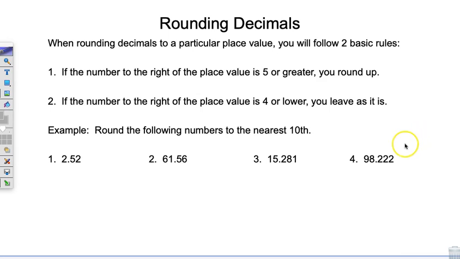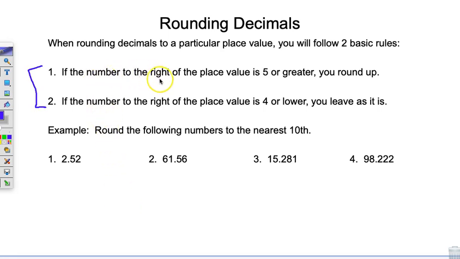Okay, so I have quite a few examples here, but let's take a look at these two very basic rules right here. Those rules are what we need to make sure that we follow in order to round correctly. So when you're rounding decimals to a particular place value, you have to follow two basic rules, and they're right here.